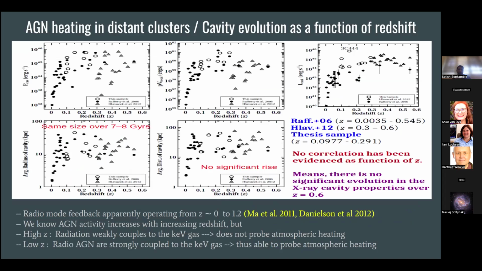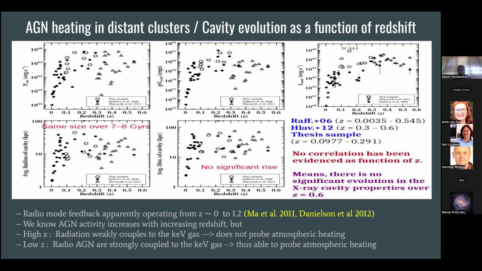If you look at the cavity systems or feedback studies at distant clusters, we evaluated the cavity parameters like power, enthalpy, luminosity, average radius of a cavity, and average distance of a cavity.